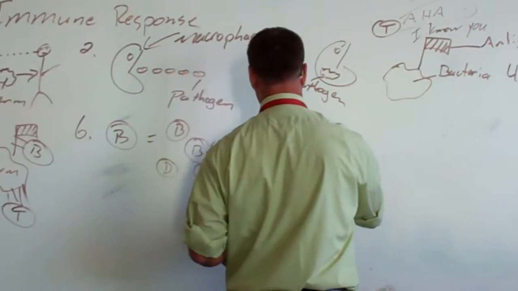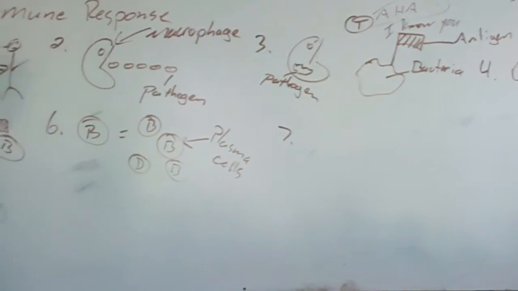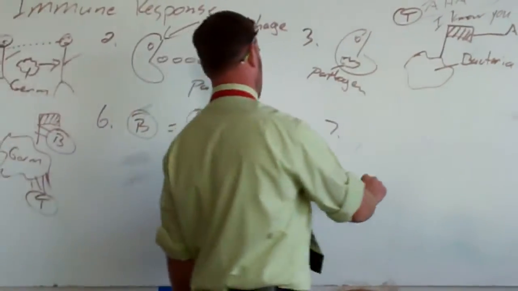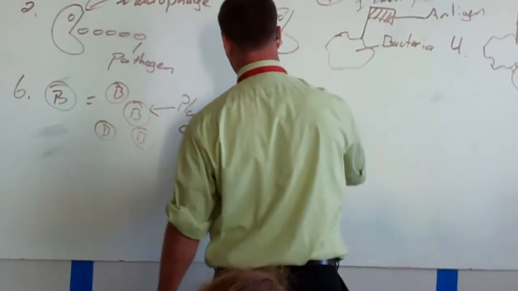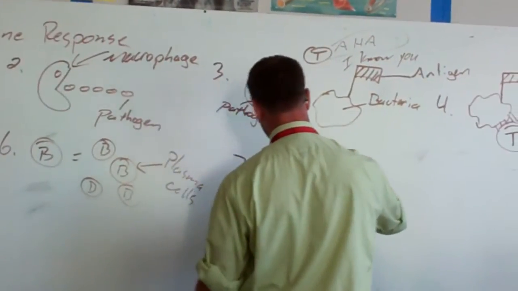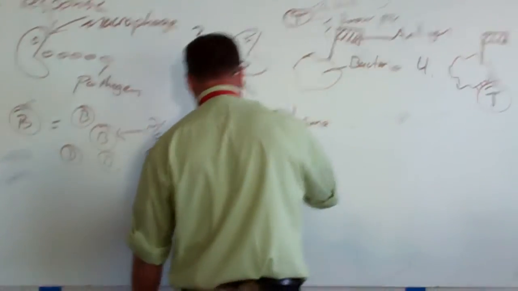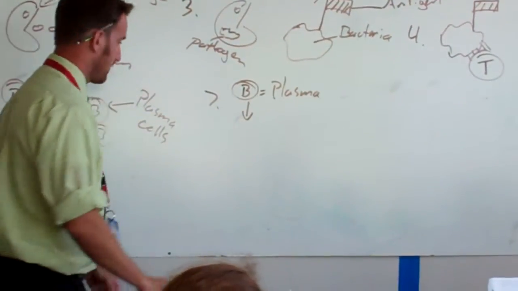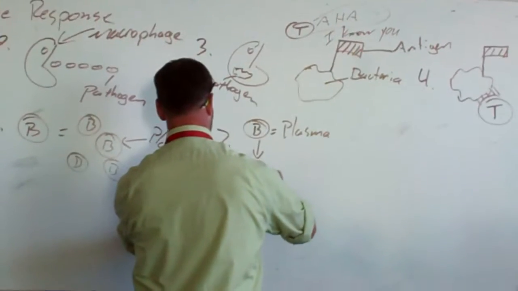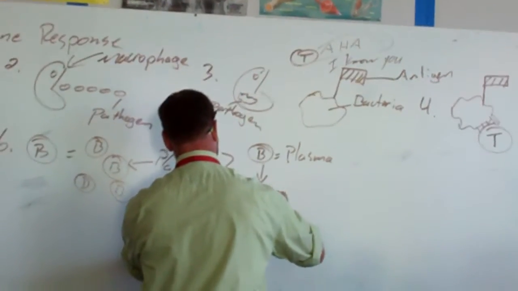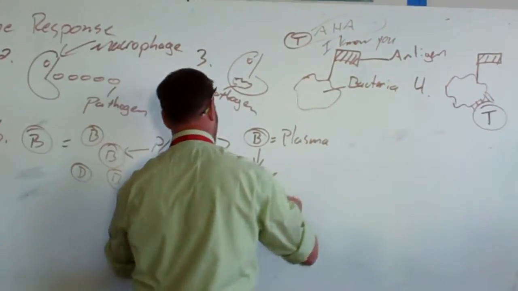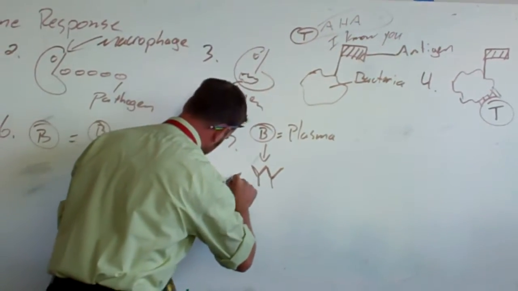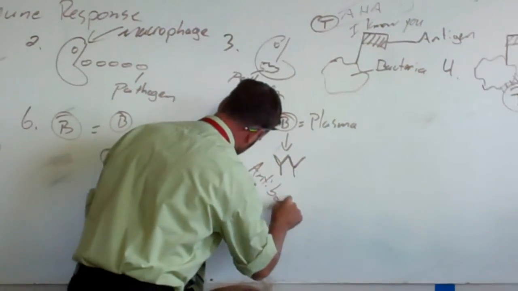Step 7. Plasma cells produce antibodies into the bloodstream. Okay, so here's our B cell, which is also a plasma cell. They're going to make what's called an antibody. Whenever you see antibodies in a book, usually they look like Y's. So these Y's are antibodies.